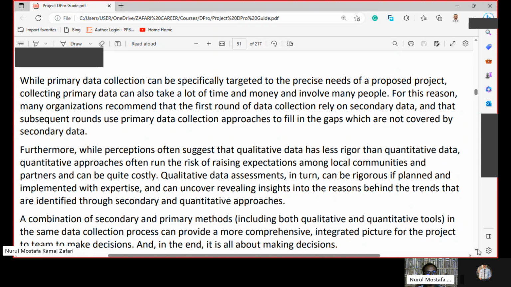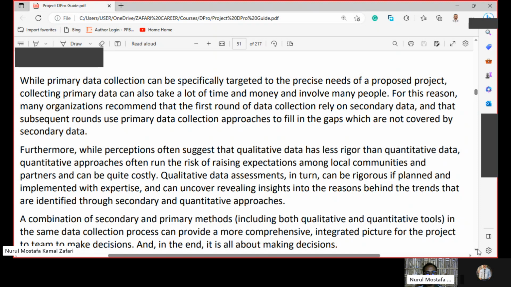Furthermore, while perceptions often suggest that qualitative data has less rigor than quantitative data, quantitative approaches often run the risk of raising expectations among local communities and partners and can be quite costly. Qualitative data assessments, in turn, can be rigorous if planned and implemented with expertise, and can uncover revealing insights into the reasons behind the trends that are identified through secondary and quantitative approaches.